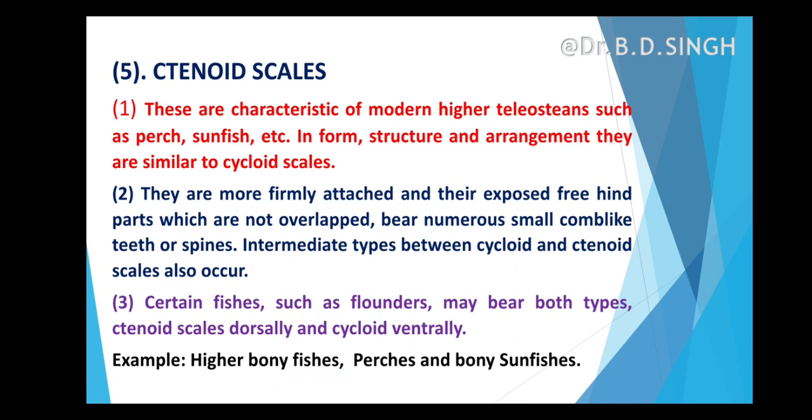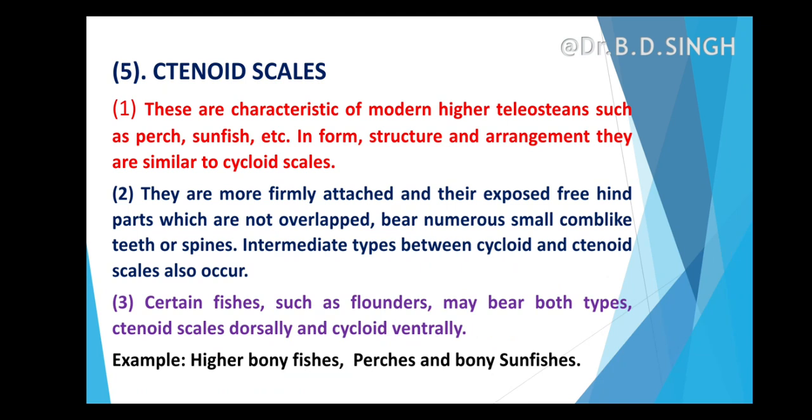Point number 2, they are more firmly attached, and their exposed free hind parts, which are not overlapped, bear a number of small comb-like teeth or spines. Intermediate types between cycloid and ctenoid scales also occur.